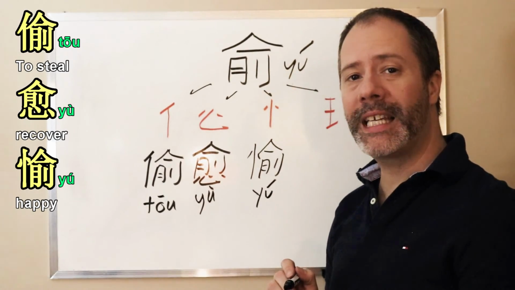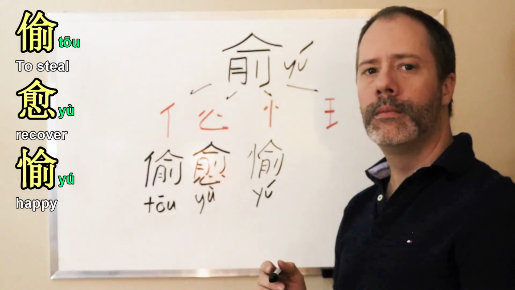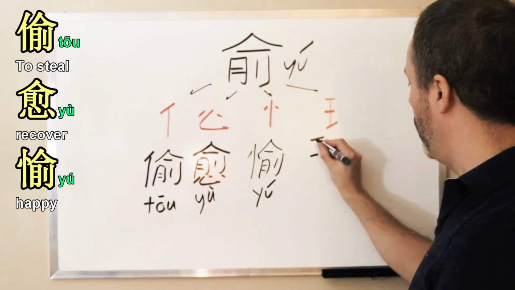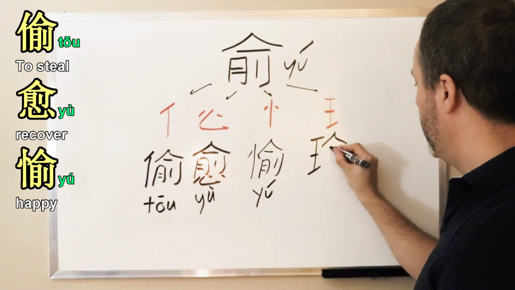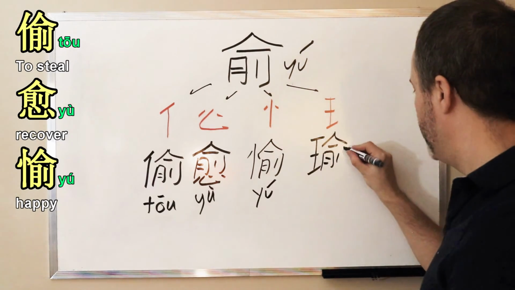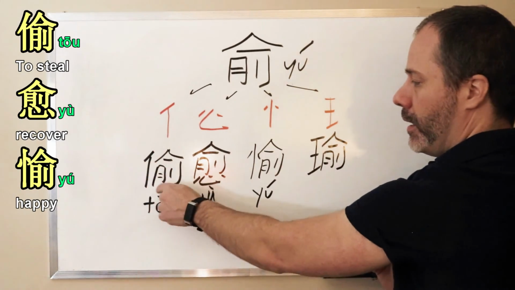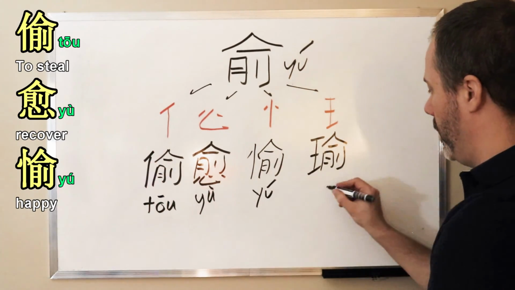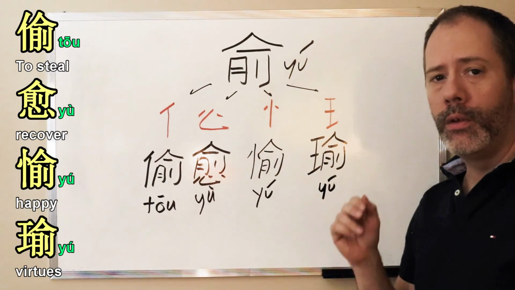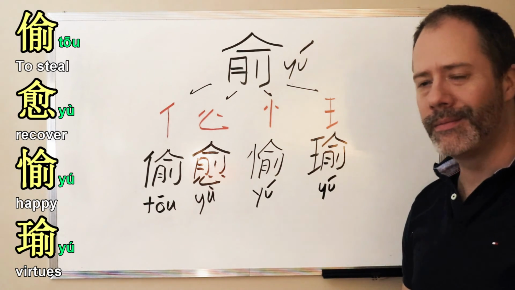If we add the symbol of the king on the left, what would it become? It becomes yu, like this one, second tone. So you can already identify a trend, except for one that is exceptional. It's really not like the others, but all the others are yu. And this symbol is used for the word yujia, which is yoga. So very important for exercise.